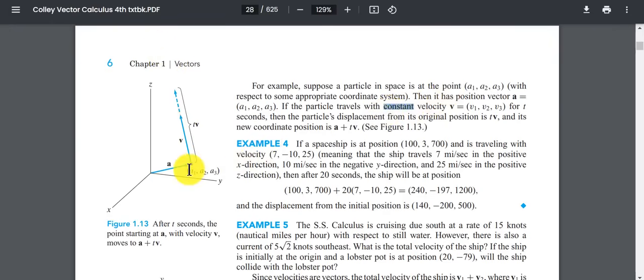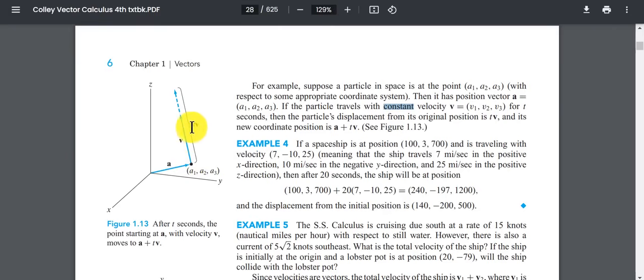So where is it? Well, it starts out here, so we can say this is the initial position, represented by this vector, not by this point. We can also say it by this point, but I want to use the vector view of things. So I'd say represented by this vector, and then what do we do? We add the velocity vector to that.